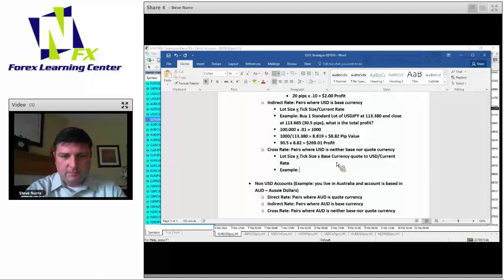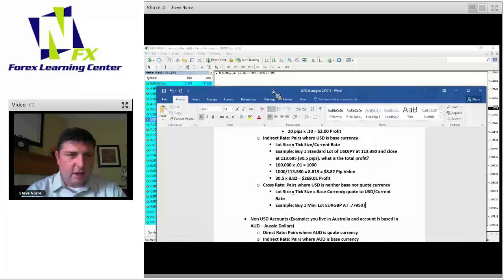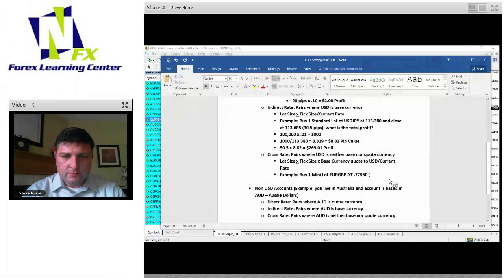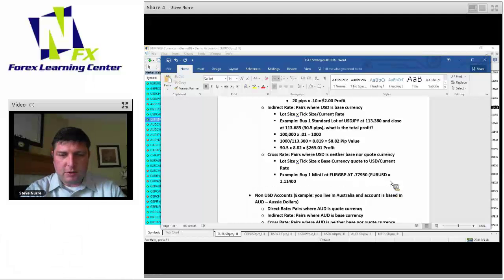And let's do a mini lot of Euro GBP at 0.77950, and the current asking price on the euro dollar is 1.11400. Which makes it pretty easy.